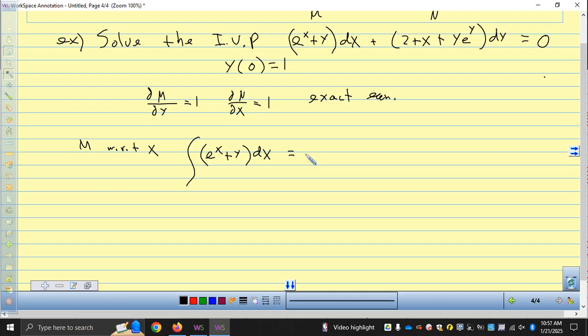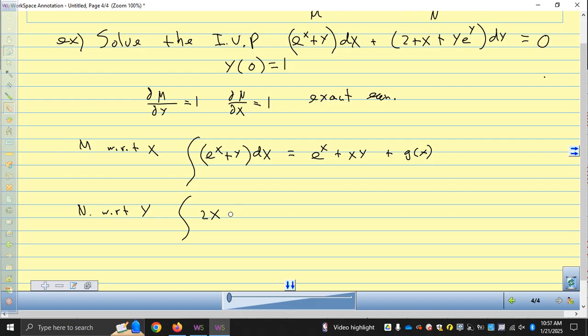And we get an easy integral: e to the x plus xy, plus possibly some function of y. We integrate N with respect to y. So I'm going to integrate 2 plus x plus y e to the y.